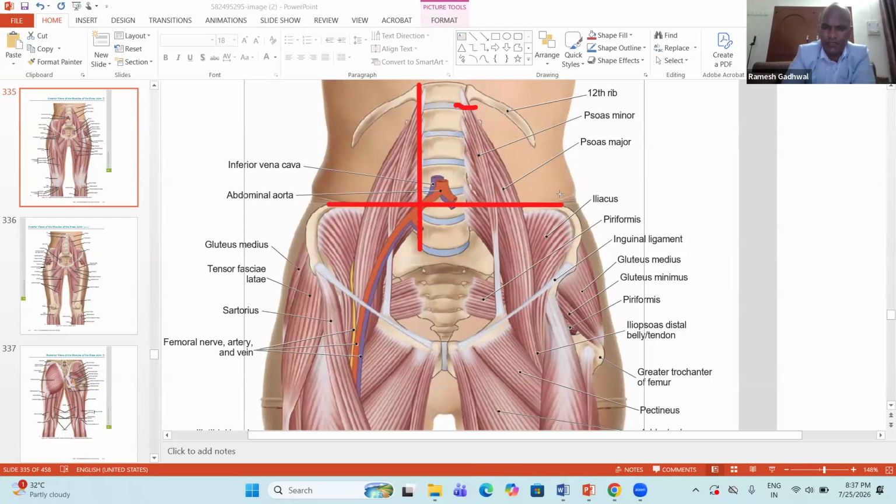If it is elevated on one side, then its shape already changes like this. It is the cause of disc bulge and nerve compression.